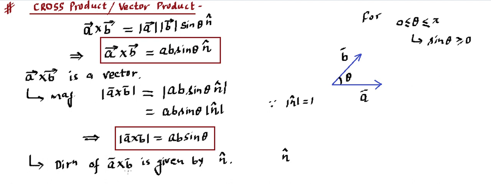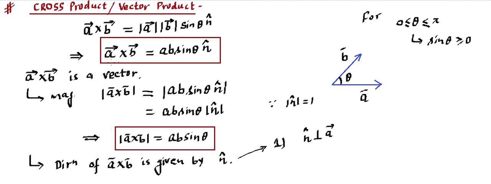Now the point is to understand what the direction of this n cap is. Let me give a few points regarding that. We will have 2 points to decide the direction of n cap. The first point is that the direction of n cap is going to be perpendicular to vector A, the first vector.